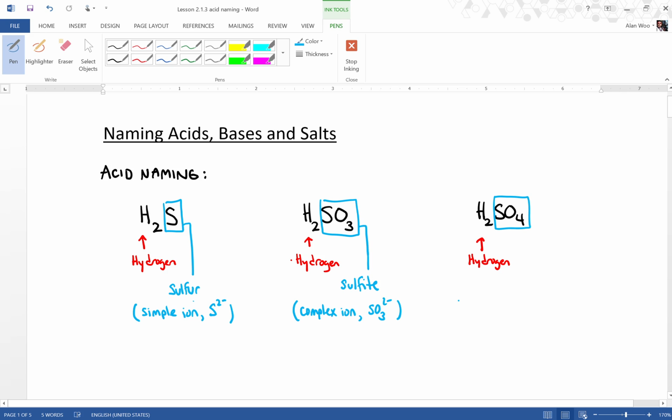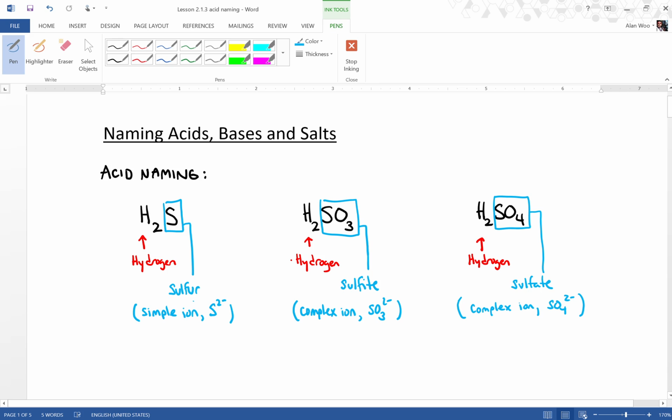And then finally, this one here should be the most recognizable to you because we've used it in grade 11 quite a bit. The anion is called sulfate, and of course it is also a complex ion. Its charge is SO4 2 negative.